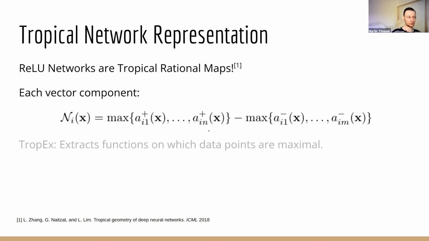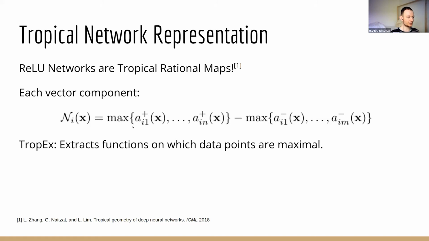Our algorithm TropX extracts exactly those linear functions on which the training samples are maximal. It would be impossible to extract all of these affine functions that you can see in this representation here, because, as I mentioned previously, the number of linear terms, linear regions in a neural network, even for a very small network, is larger than the number of atoms in the universe.